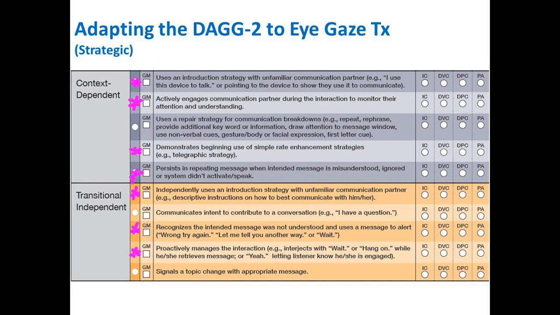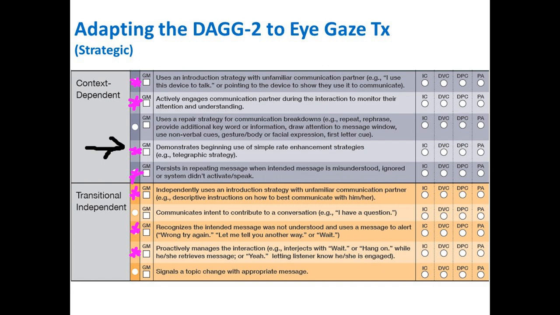Continuing on with this section, context dependent, I just starred a few things that I typically look at working on. So for instance, here, increasing my rate of speech, using some type of strategy, is important, especially for your literate eye gaze users, to speed up communication.